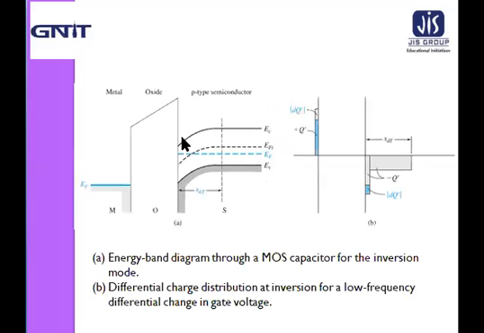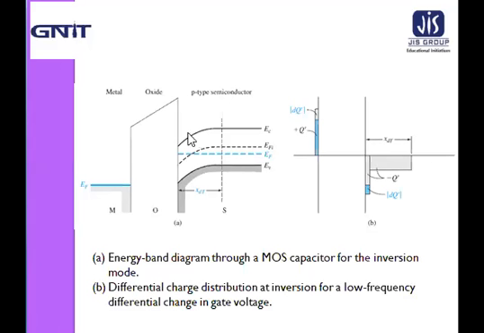Now, next in this figure, that shows the energy band diagram of this MOS device for the inversion condition. In this case, a small incremental change in the voltage across the MOS capacitor will cause a differential change in the inversion layer charge density.